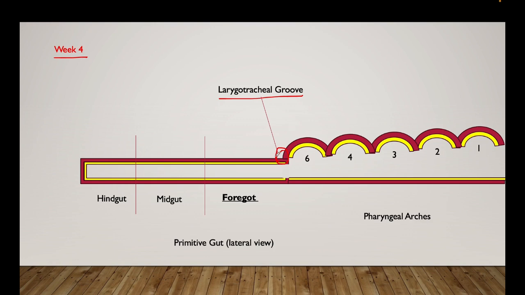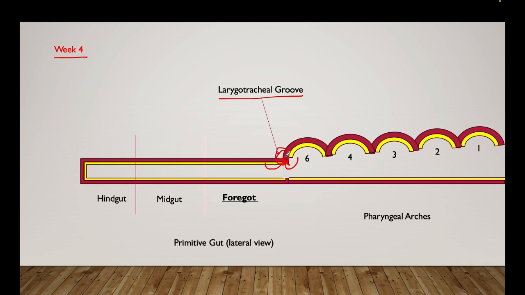Now, what happens next is that cells, endodermal and mesodermal cells, start getting into that groove. Okay? They go in this direction. This will cause something called budding. Something will bud from the primitive tube.